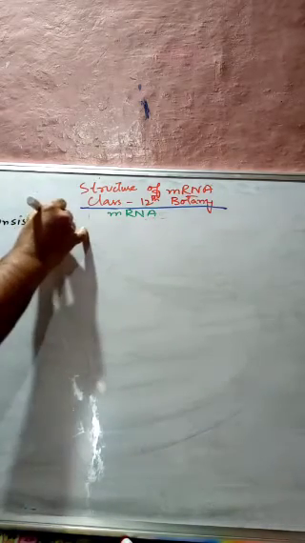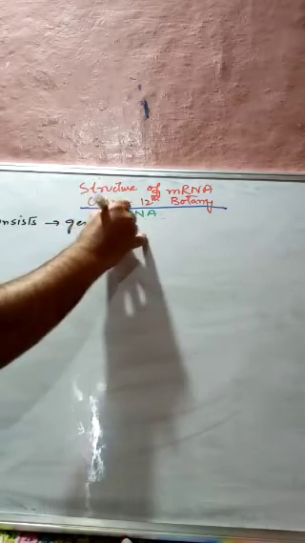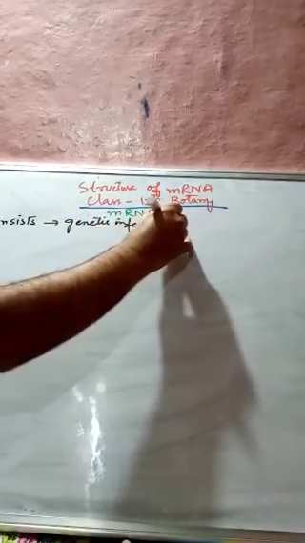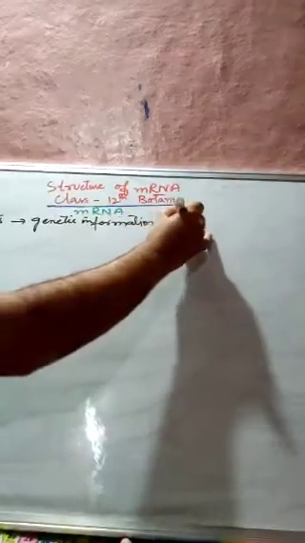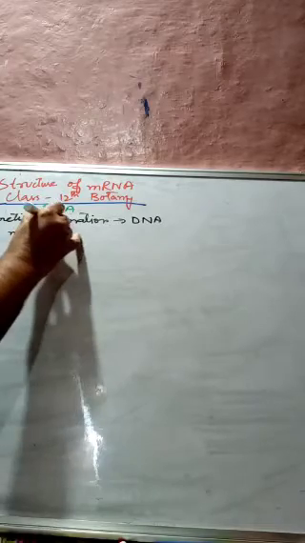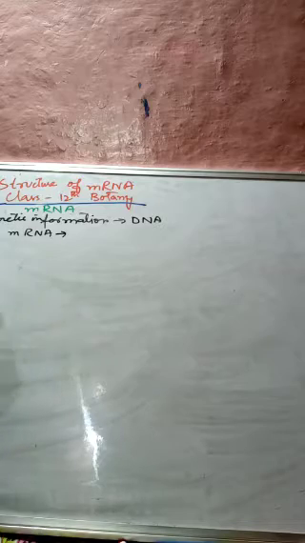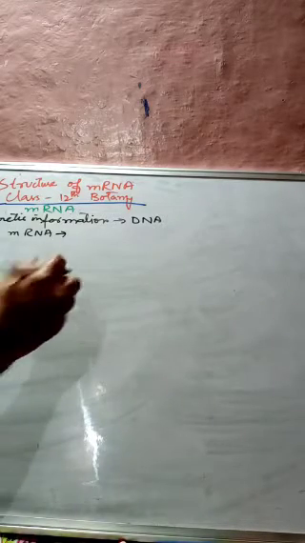Now this RNA has been called mRNA. Why has this been called mRNA? Because it consists of genetic information copied on it by DNA, and this mRNA uses that information to code a protein.